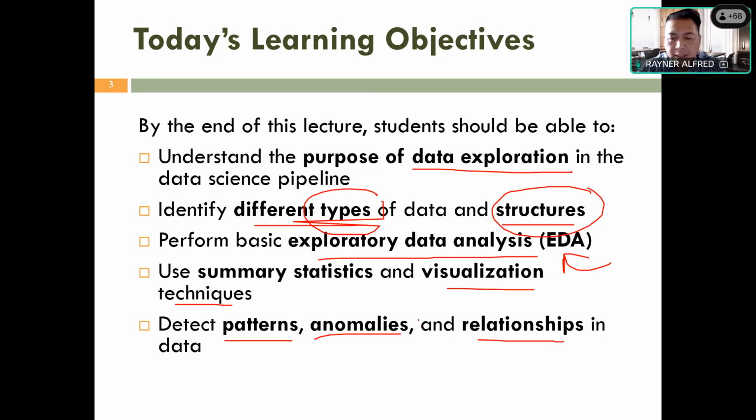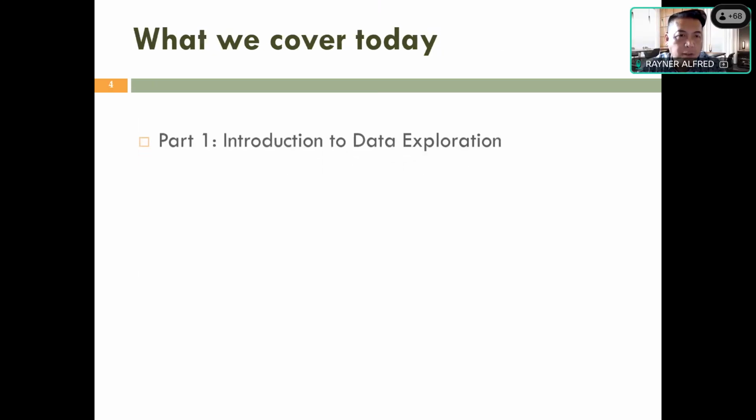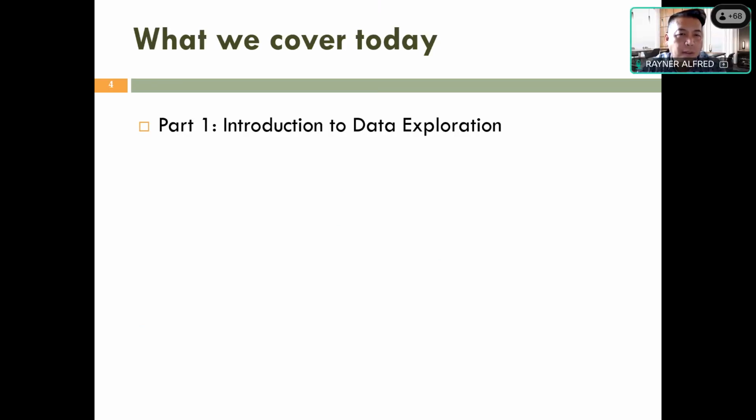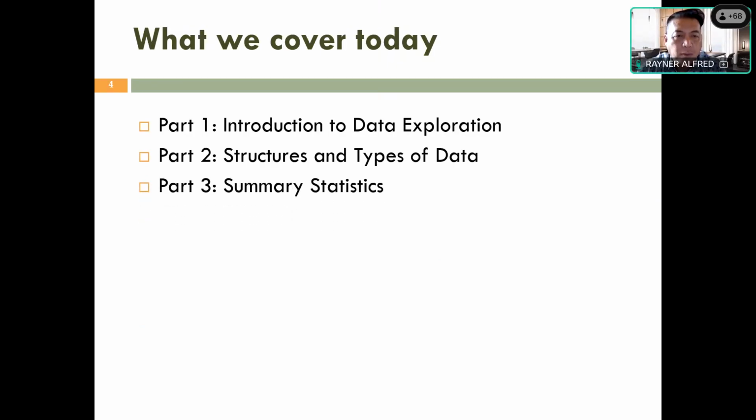With this learning objective, this is what we want to cover. We will introduce what data exploration is, and then we look into the different types and structures of data that we have. And then we look at some of the metrics that we can use to summarize your data.